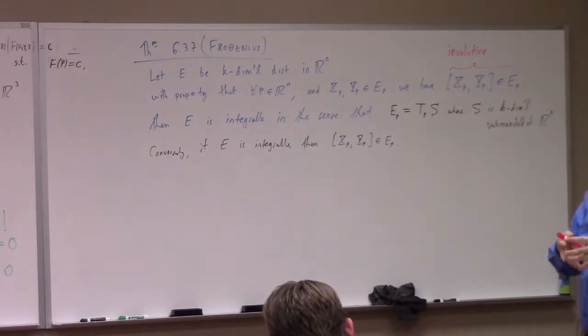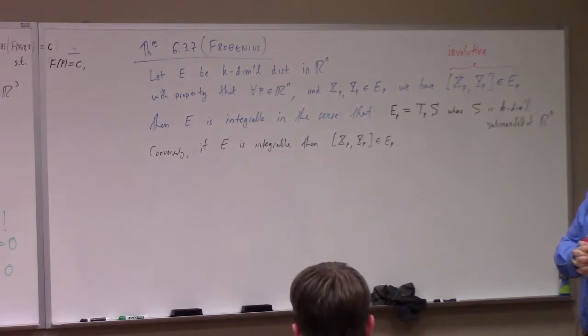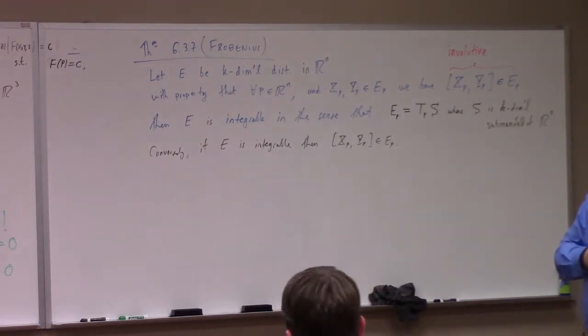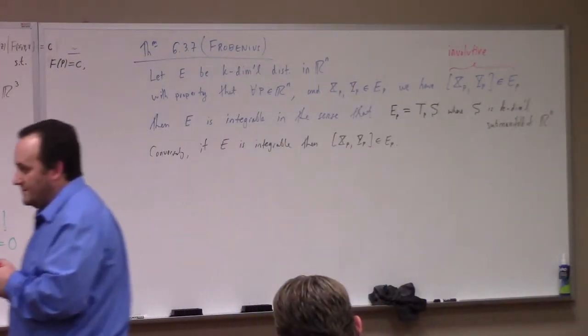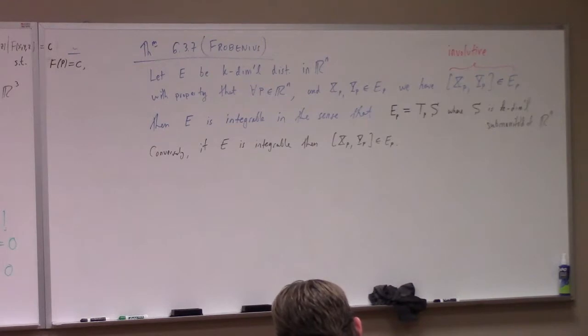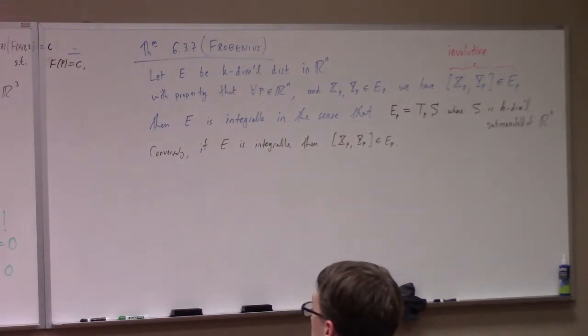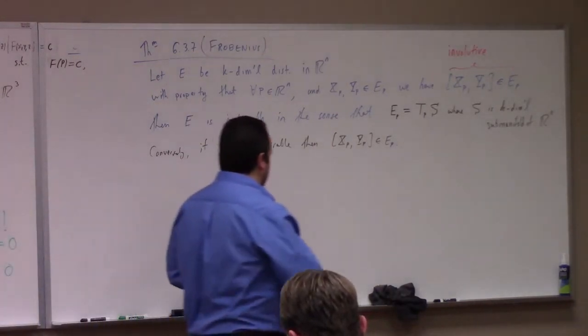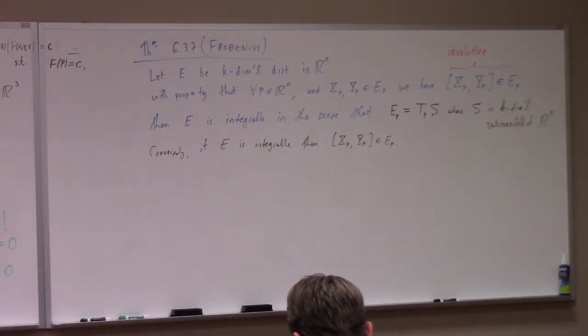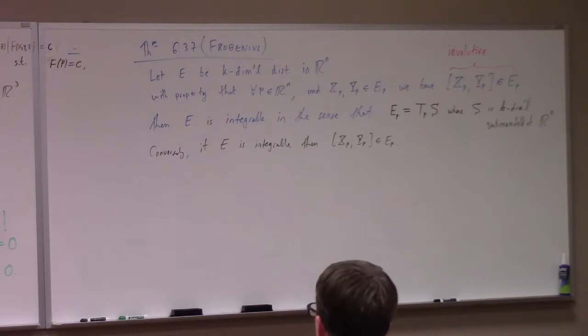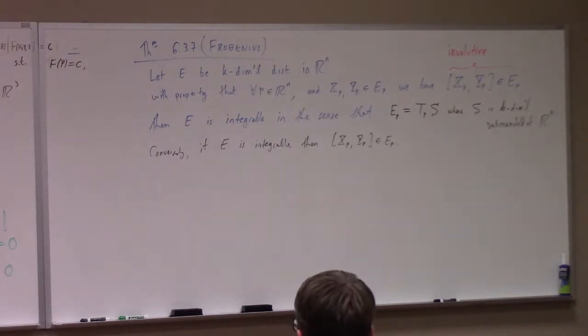What's going to happen if we calculate the brackets of the vector fields of those guys? Let's try it. If I understand correctly, what should happen if we calculate the bracket of this one over here?